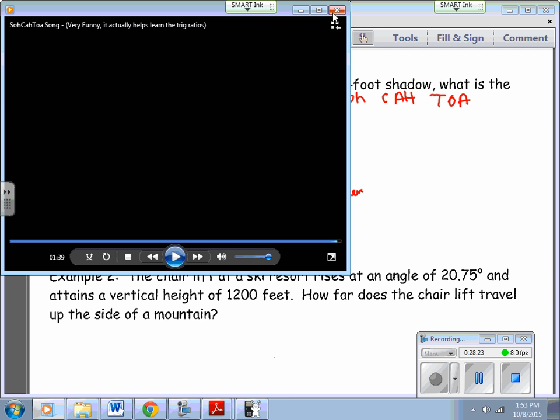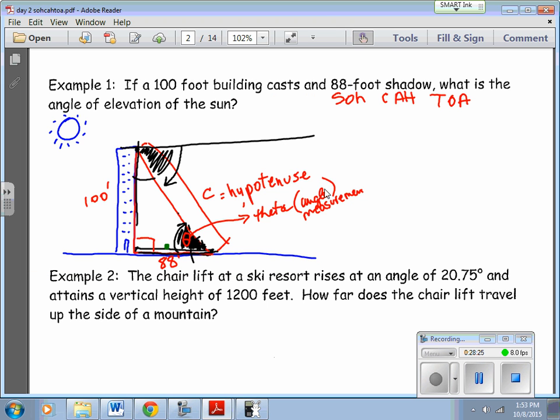Okay, so the jingle is to get you to remember these letters in that order, always: SOH, CAH, and TOA. Now, the song did give you the setup ratios to use, so we're going to set it up real quick.